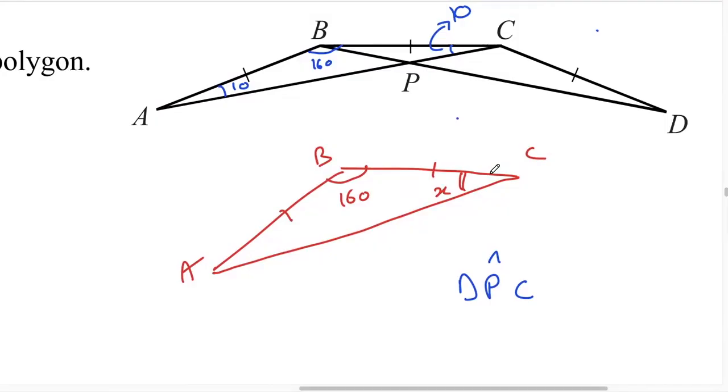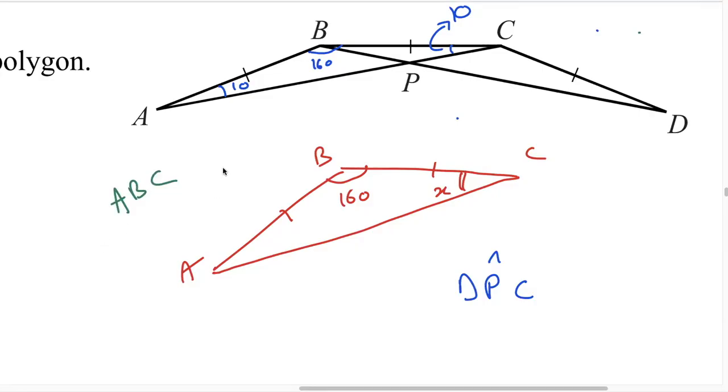May I try? Isn't it that the two opposite angles are the same? So 160 and then 10 to complete the triangle. We'd have to have another 10. Just have a look at triangle ABC.